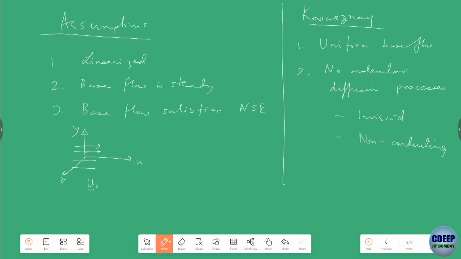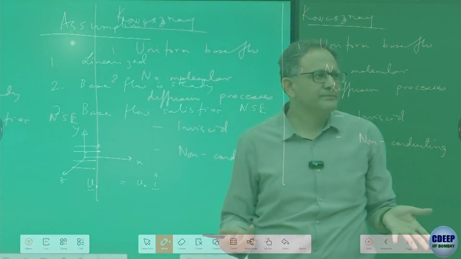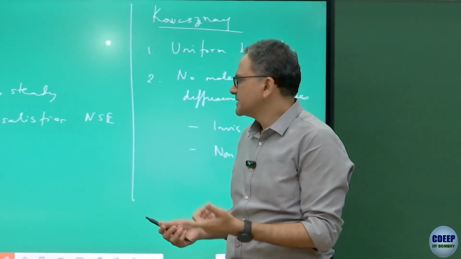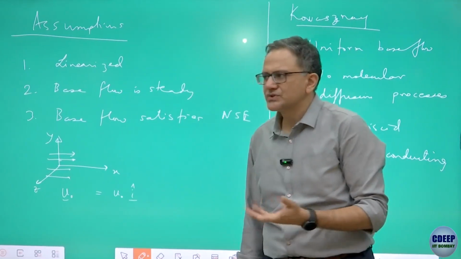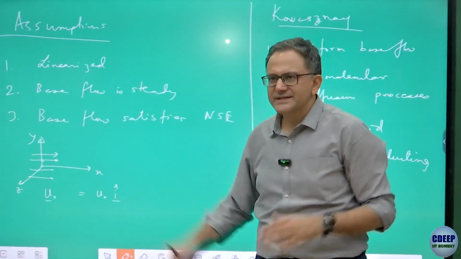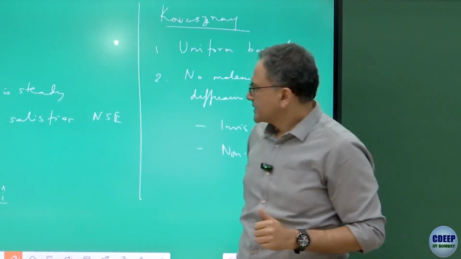So the u0 vector, whatever it is, becomes simply a scalar u0 times i, and nothing in the j and k direction. It is just a convenience, and we can do that anytime because we are not allowing the base flow to change in time. For a particular problem there will be a uniform base flow and it will be steady, so we can always choose our x axis to be aligned with it.